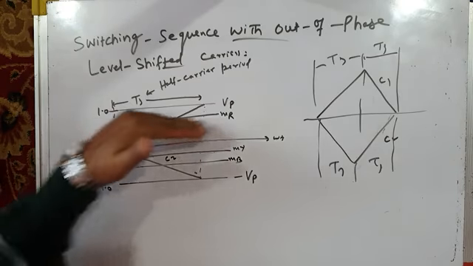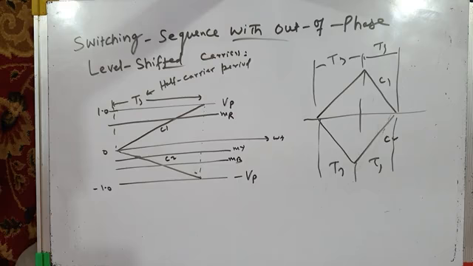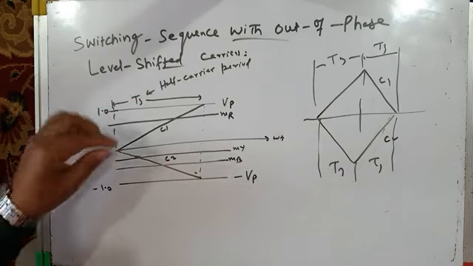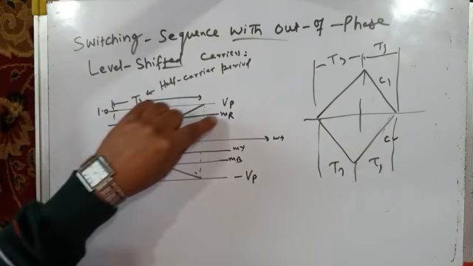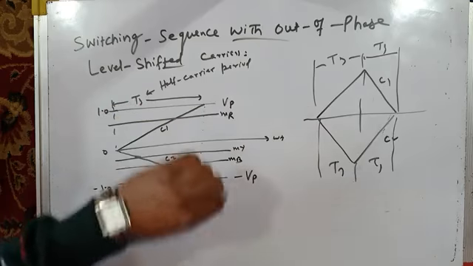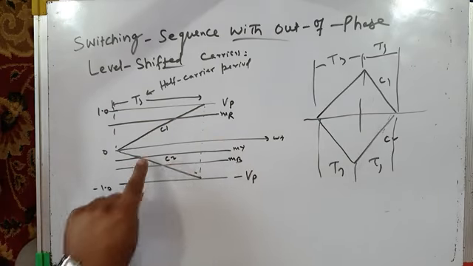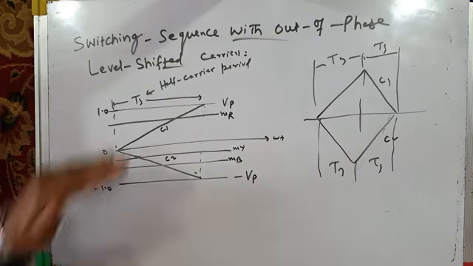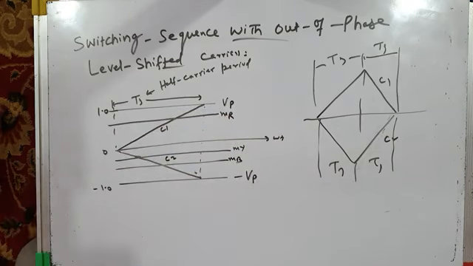I am taking constant modulating waves because the carrier frequency, I repeat, is very high. Your switching frequency may be 10 kilohertz, 20 kilohertz or more, and for that half of the carrier, the sinusoidal modulating signals MR, MY, MB will appear constant for such a small period of time, TS, the half carrier period. So this is MR, this is MY, this is MB.